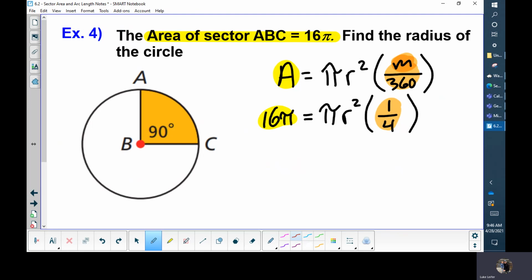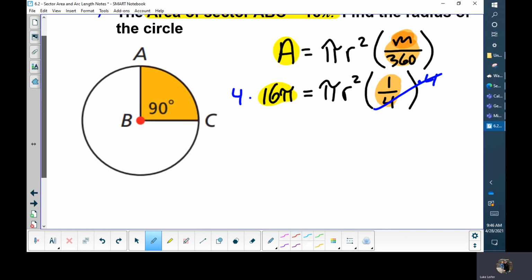So would you agree if I did times 4 here, these would cross cancel? And then I balance out my equations. Whatever I do to one side, I do to the other. Okay, 16 times 4 is 64. So now I get 64 pi equals pi r squared.